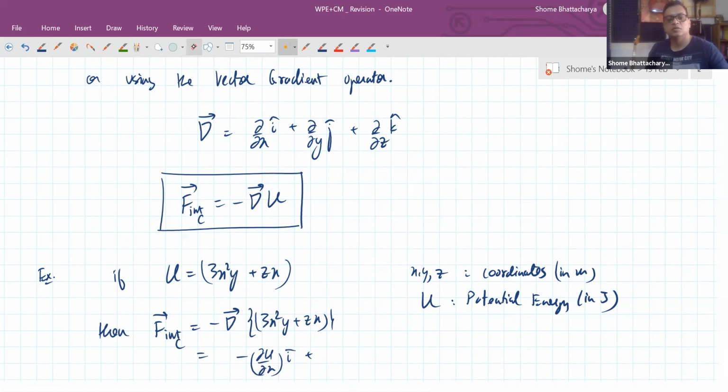Then the y component will become negative of partial gradient with y, and the z component will become negative of partial gradient with respect to z, k cap.